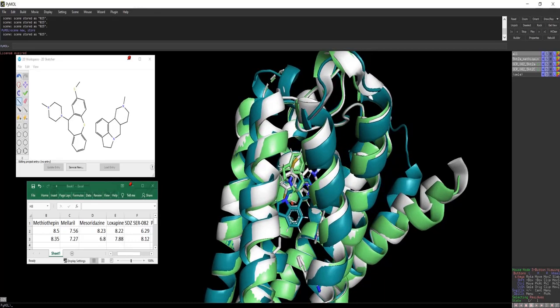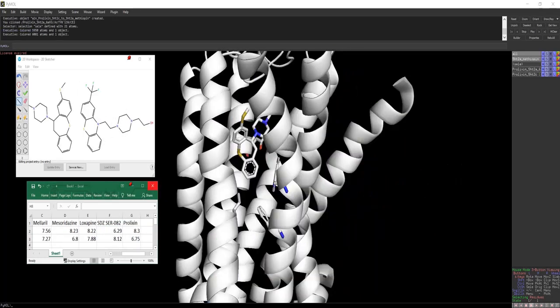In fact, I wouldn't be surprised if this compound is a partial agonist to 5-HT2A, but unfortunately, I could not find any studies where they looked at the activity of this compound to this receptor. Let's look at one final compound, prolixin.